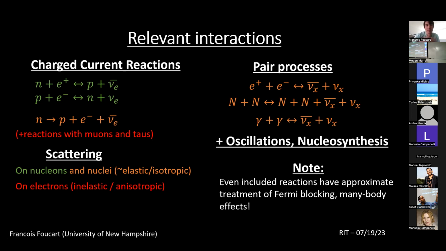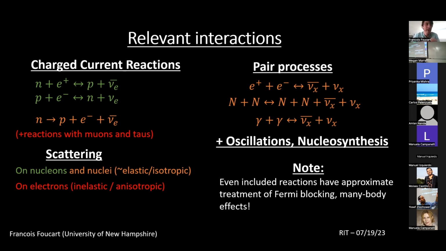The second type of reactions that you definitely want to have included in your simulations are scattering events, so scattering of neutrinos onto nucleons and potentially electrons. And the current status in simulations is that generally we include some form of scattering onto neutrons and protons and heavy nuclei in some approximate manner, typically on some typical nucleus of a certain mass that is assumed given the equation of state.